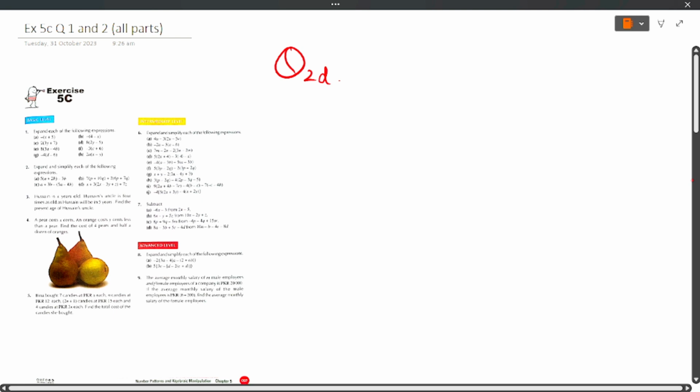Part D is x plus 3 into 2x minus 3y plus z plus 7z. Now 3 is multiplying with this bracket group. Okay? So I'm going to write x as it is.